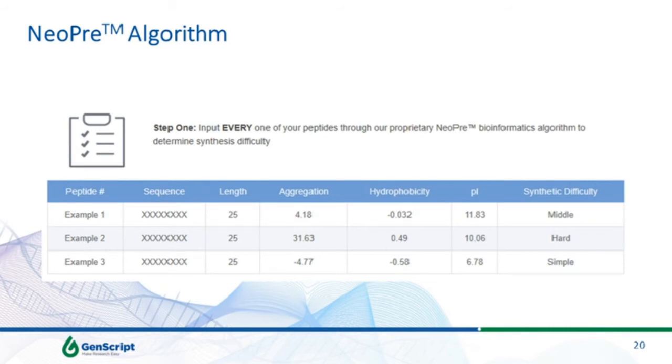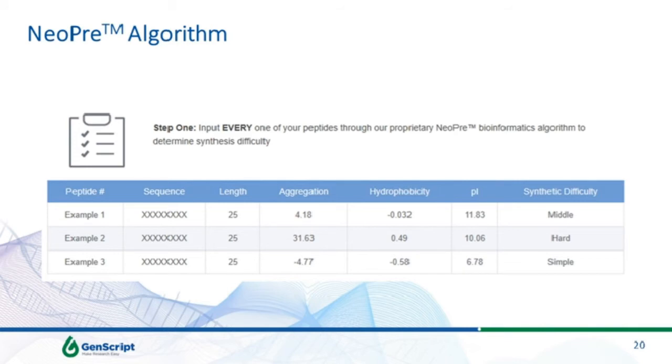One of our more recent innovations has been our NeoPre algorithm, which takes the list of putative neoantigens that you have, runs it through our algorithms, and spits out characteristics about the peptide, and then gives it a very simple score of easy, middle, or hard to synthesize. It's worth emphasizing that difficult does not mean impossible, it just means a slightly different approach. We have standard production processes, and then we have extraordinary production processes when needed.